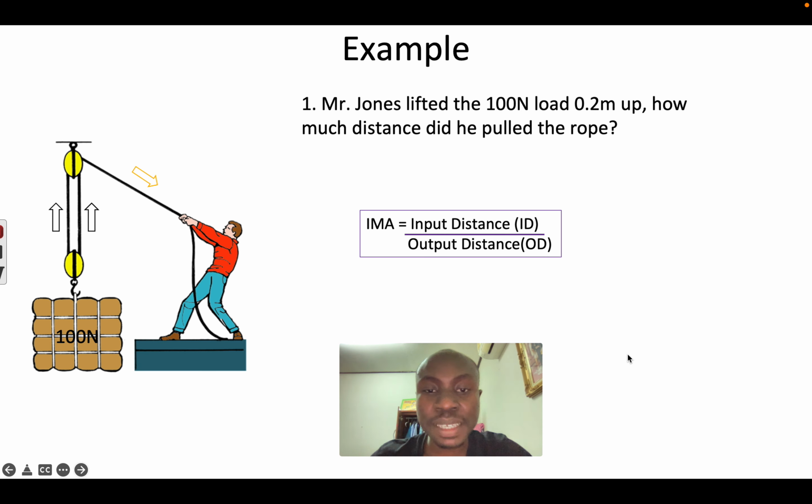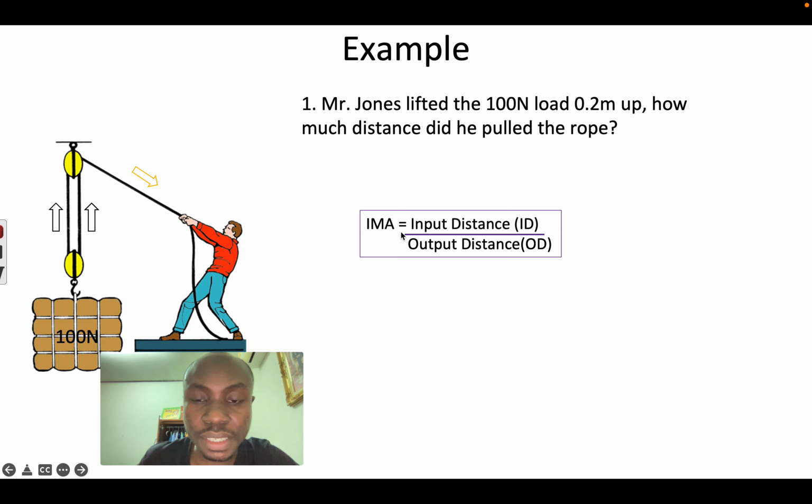Now let's try some examples here. Mr. Jones lifted a load of 100 newtons to rise up a distance of 0.2 meters. How much distance did he pull the rope? Now we can find the distance by using the formula. IMA is equal to the input distance over the output distance. What is the IMA from the question? We don't know, but we can count it from the picture.